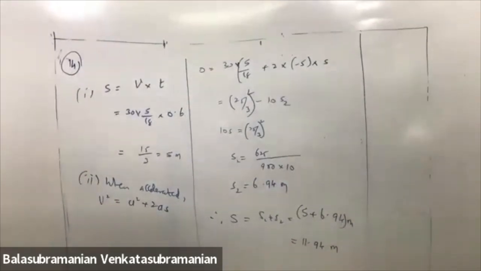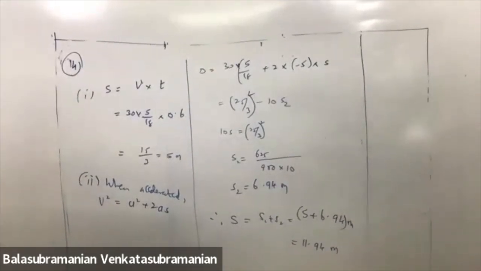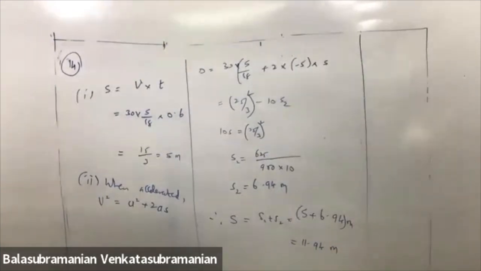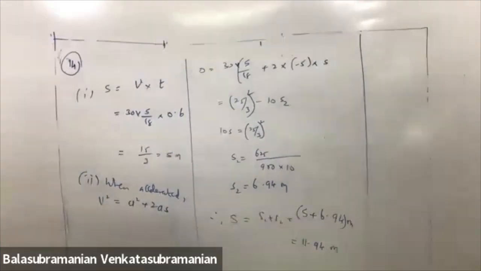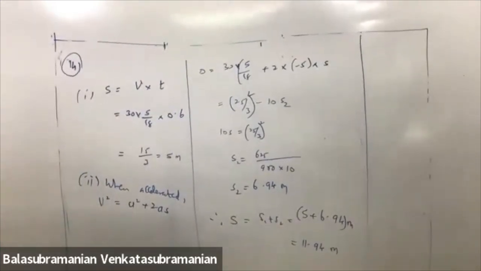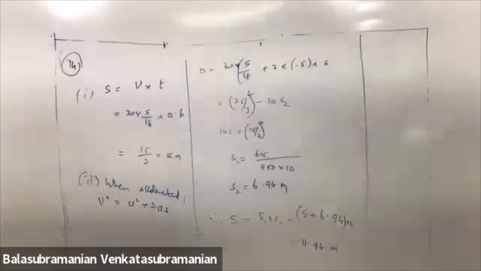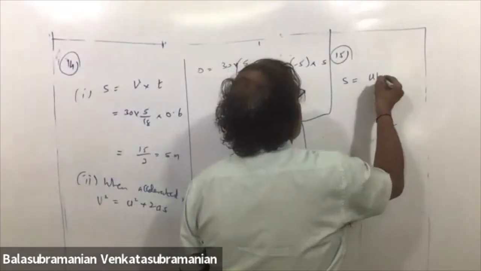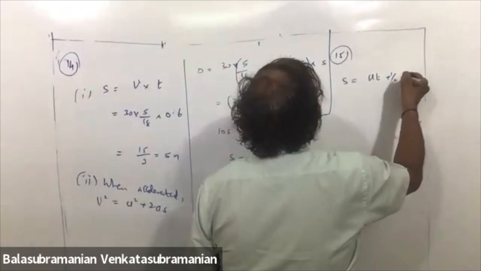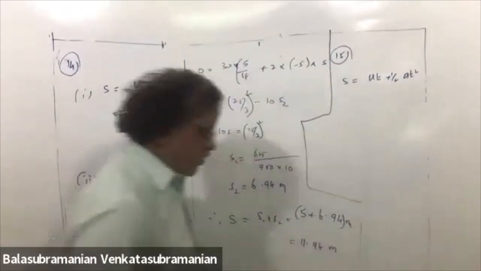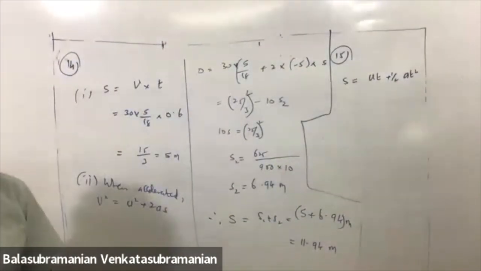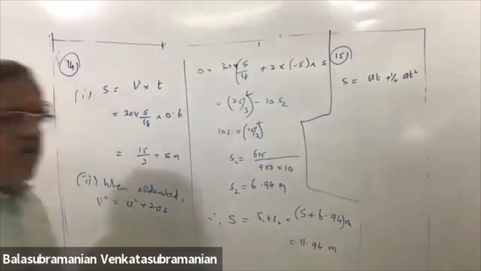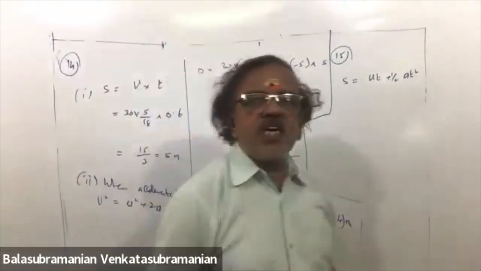A stone is dropped from a balloon rising upwards with a velocity of 16 meters per second. The stone reaches the ground in 4 seconds. Calculate the height of the balloon when the stone is dropped. S is equal to ut plus half at square. Basic formula. Dropped means A is equal to g.